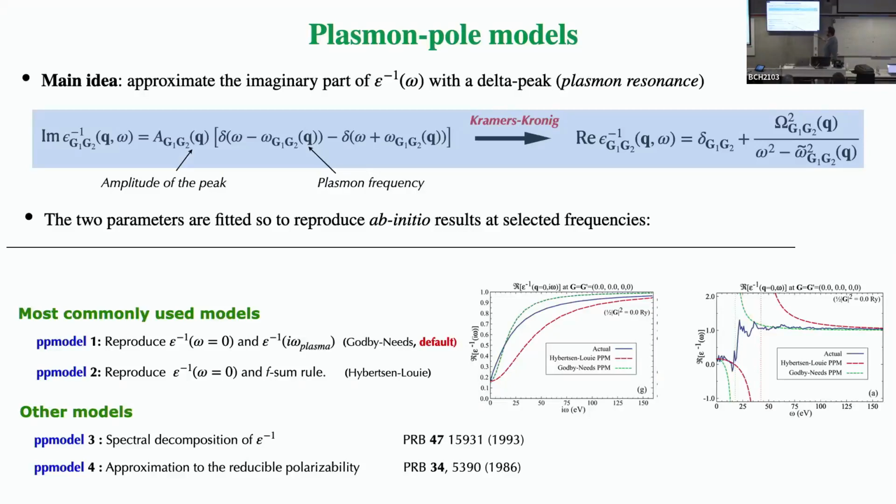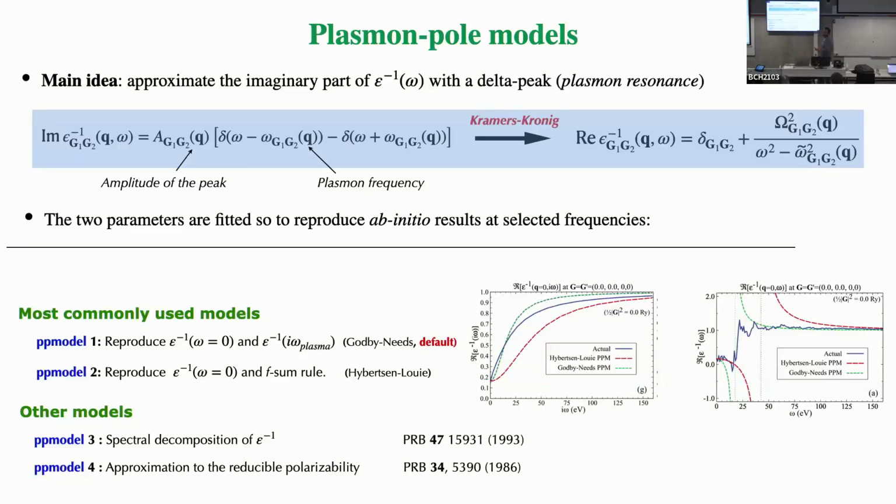Then there's another method proposed by Hybertsen and Louie. Unfortunately, I don't have the reference, but you will find it on the website, in which the parameters are fitted in order to reproduce the static limit and the f-sum rule. This is the default, and this is what we would recommend as a rule of thumb. The second plasmon pole tends to overestimate, to give results that are slightly larger than the first plasmon pole.